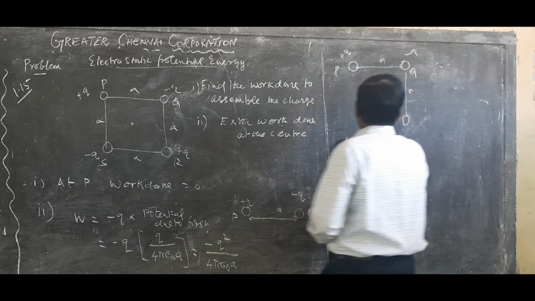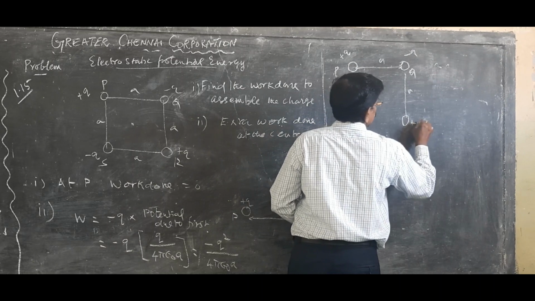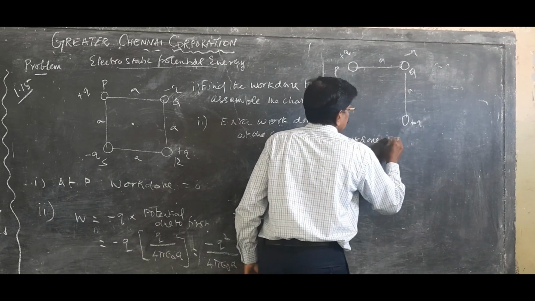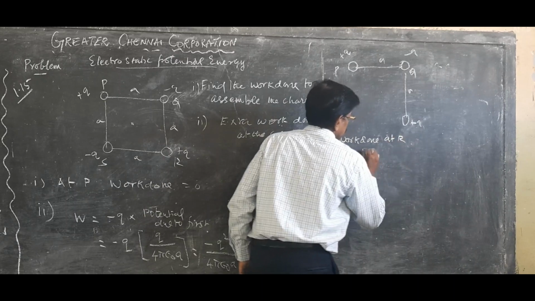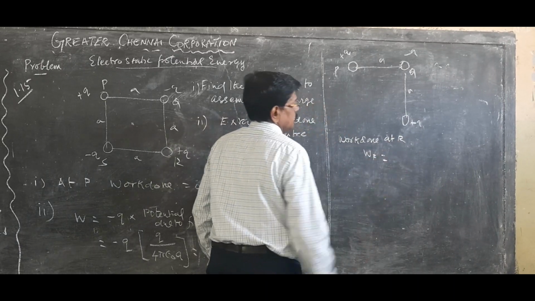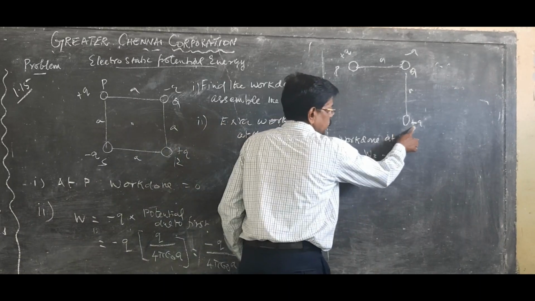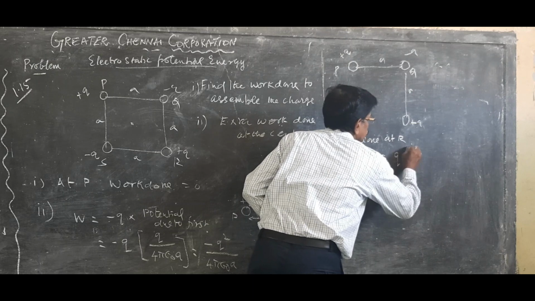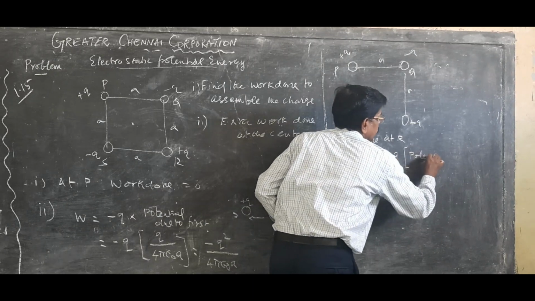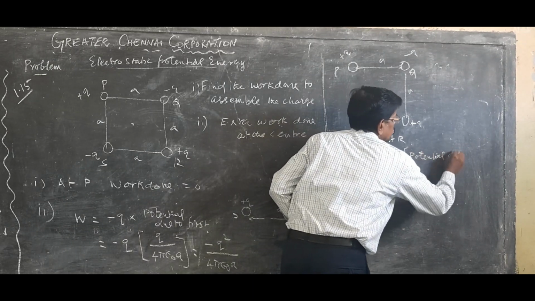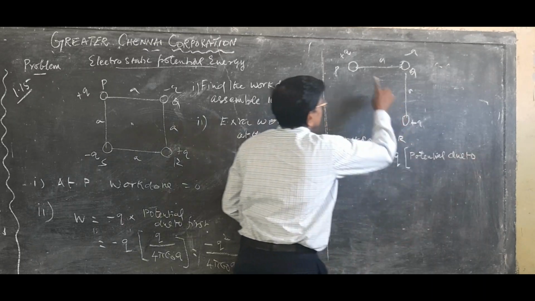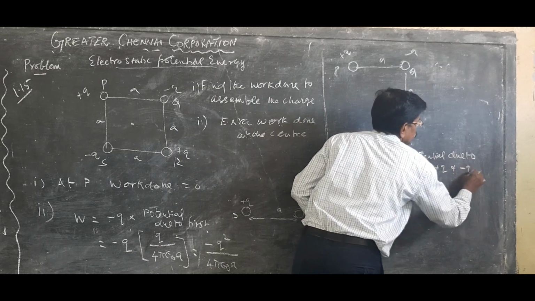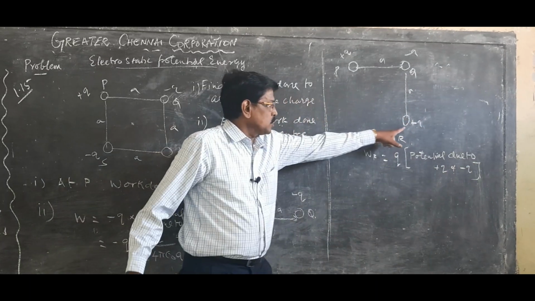So the work done at R, WR. Which charge are we bringing? That is plus Q. Q into the potential due to plus Q and minus Q. Both potentials are acting on this charge.